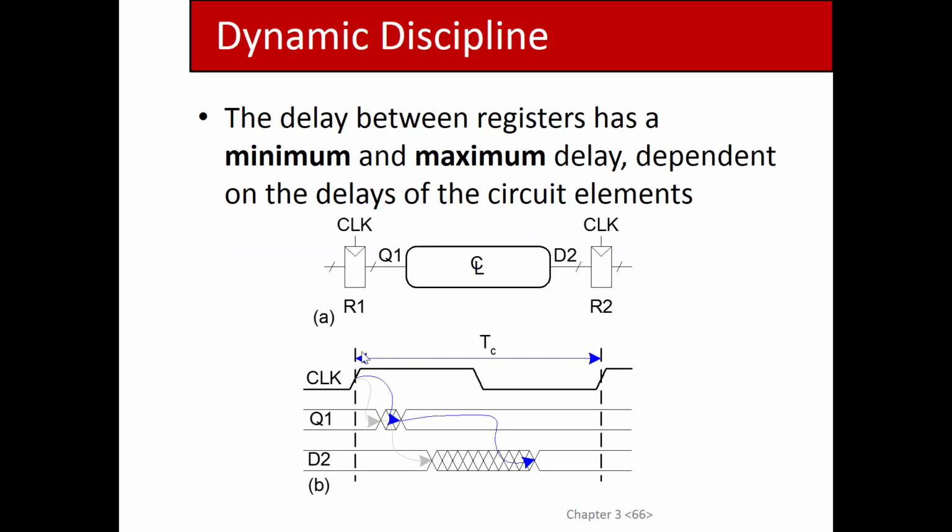So that's the contamination and the propagation delay. When it comes to guaranteeing setup time, we consider propagation delay, because setup time is the time before the clock edge. So we're looking for the worst case amount of time it'll take for whatever logic is driving my D input to stabilize, right? So setup time is concerned with propagation delay. Hold time is concerned with contamination delay, because the idea with hold is that once the clock edge happens, it's game on.